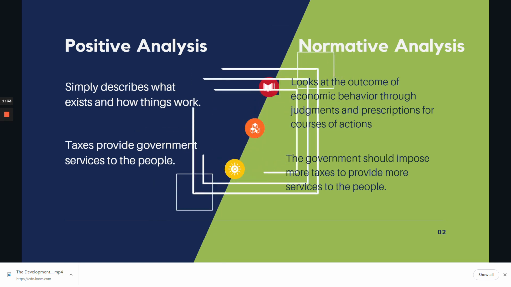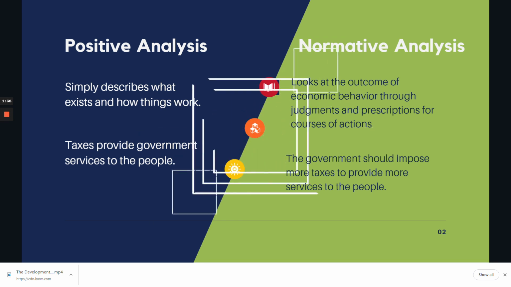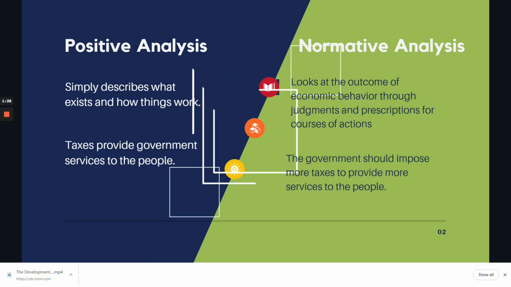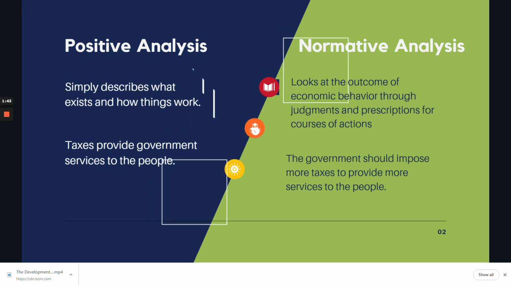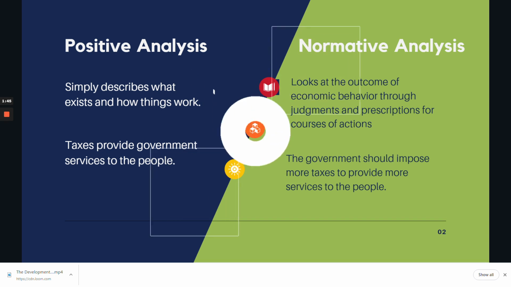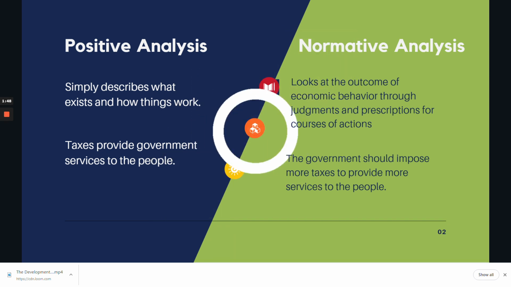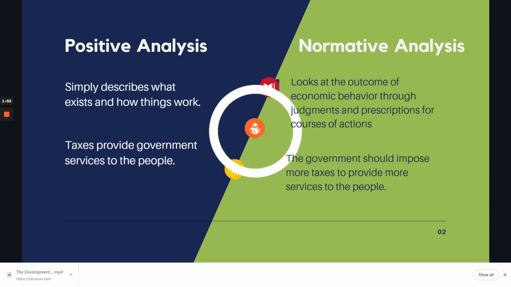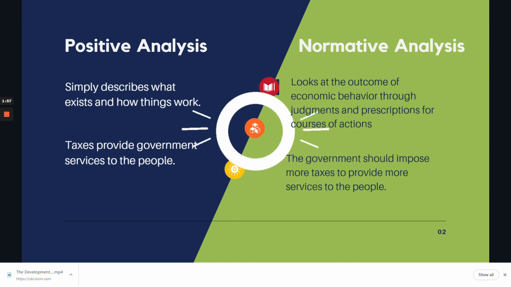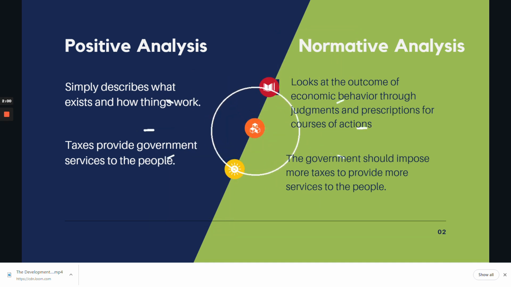That's just stating. While the normative analysis looks at the outcome of economic behavior through judgments and prescriptions for courses of action. So this one is no longer objective like the positive; normative is subjective. Because you are already looking at the outcome, you're already making judgment and you will be making prescriptions or solutions on what can be done.